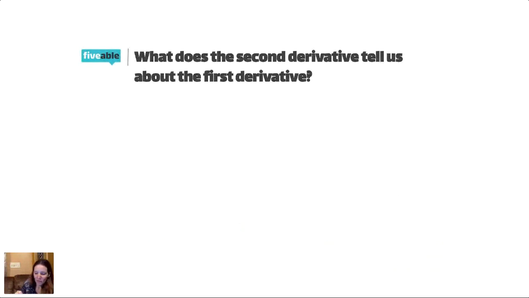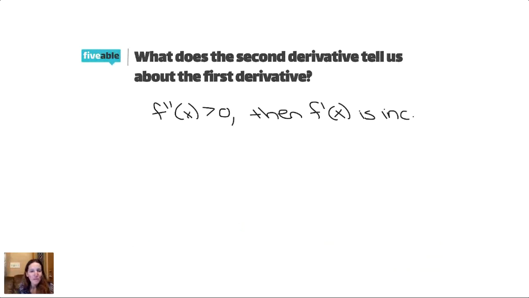That same thing is going to hold true here. So if the second derivative is positive, then the first derivative is increasing, because the second derivative is the slope of the first derivative. So that relationship remains the same. If the second derivative is greater than 0, then the first derivative is increasing. Now our next step is to ask what that means in terms of the original function.